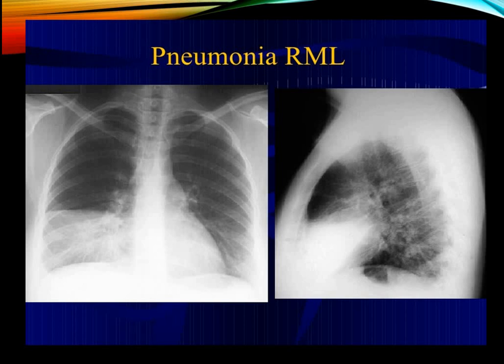So this lesion is located in the right middle lobe, while the lower lobe is not affected, because you can see the right dome of the diaphragm is very clear, which means that the right lower lobe is not affected. In the lateral chest X-ray you notice a triangular opacity lying between two lines, one representing the horizontal fissure and the other representing the oblique fissure.